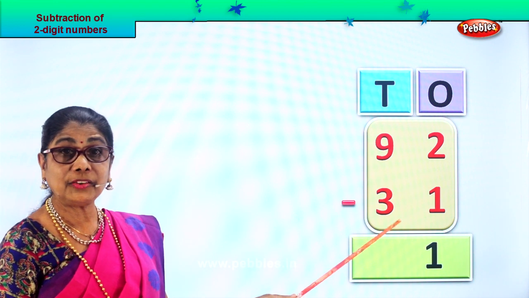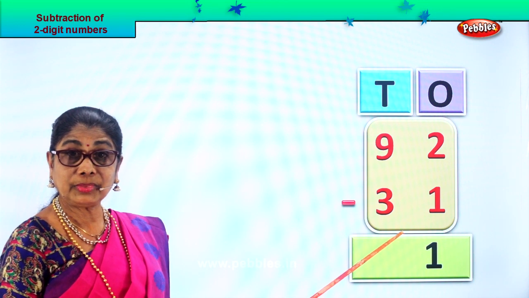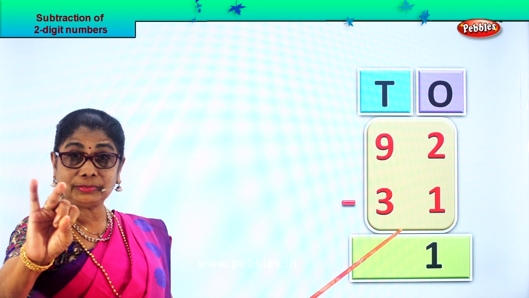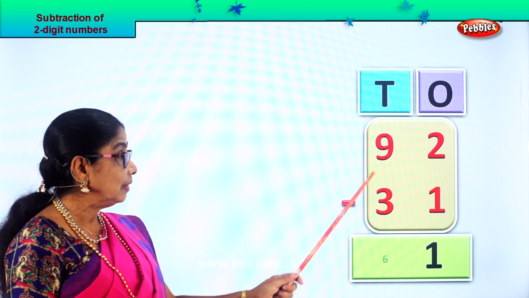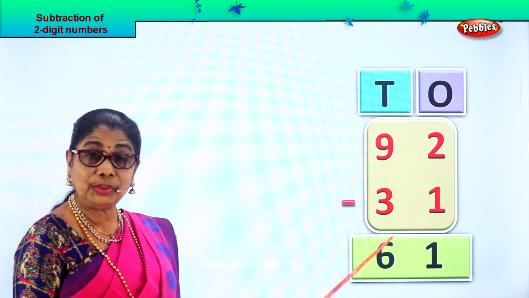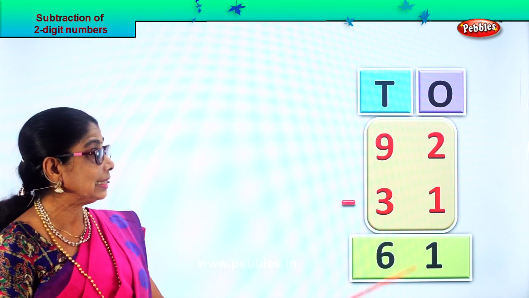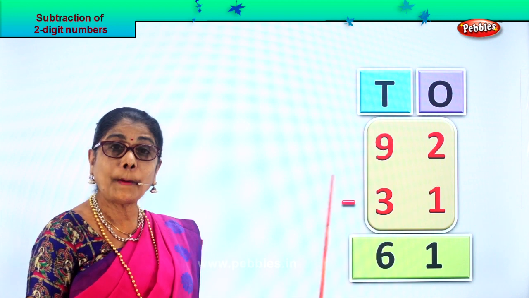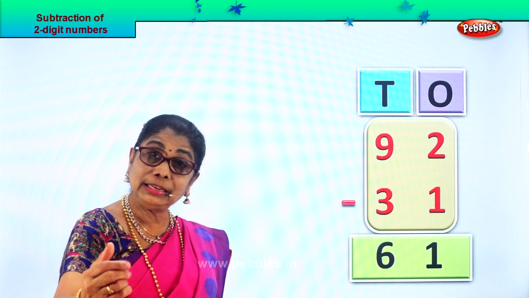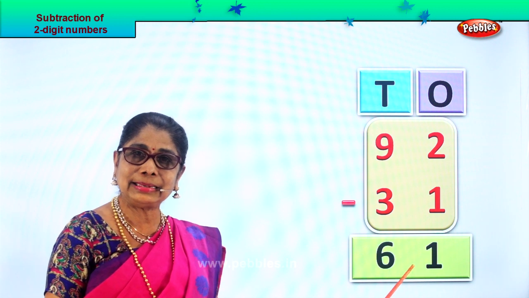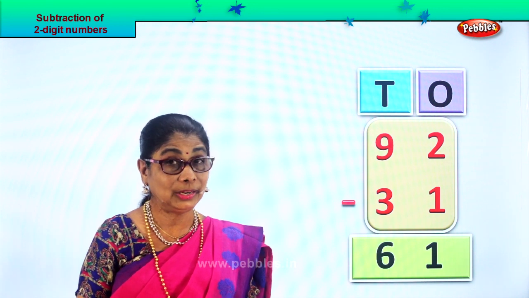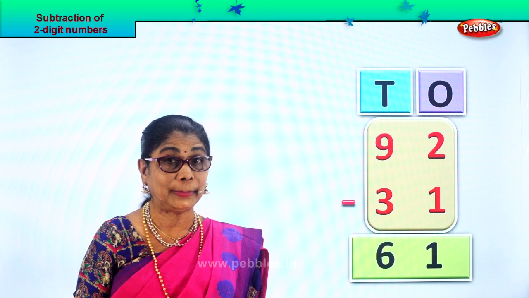From 9 take away 3: 4, 5, 6, 7, 8, 9. From 9 you take away 3, you get 6. 92 minus 31 gives you the answer 61, 6 tens, 1 one.